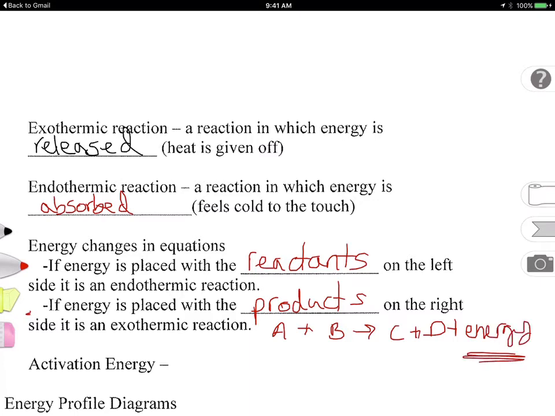Okay, the energy term is on the right side with the products. This is an exothermic reaction. Exothermic. Because it's simply with the product. So that's what I mean by that the energy term is placed on either side.